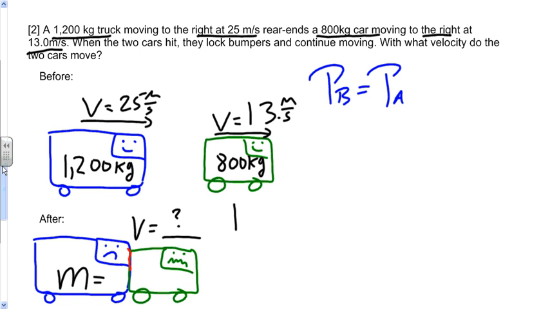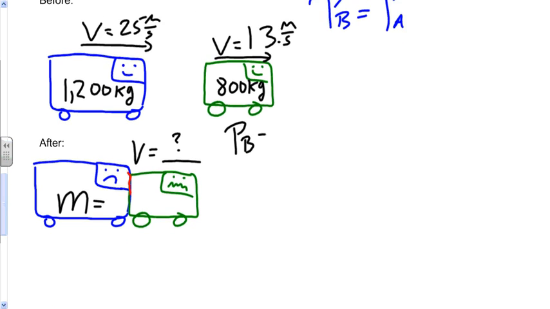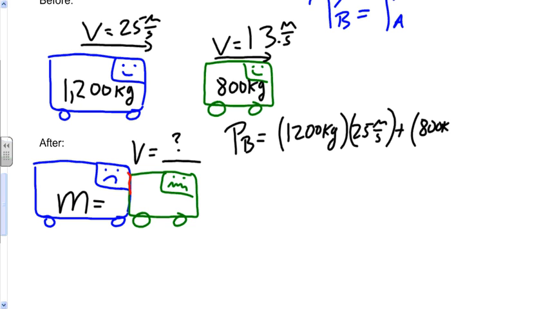So let's go ahead and do our momentum before. So I'm going to do it right down here. Momentum before equals the momentum of the truck plus the momentum of the car. So for the momentum of the truck, it's 1,200 kilograms times 25 meters per second plus the momentum of the car, so 800 kilograms times 13 meters per second. I'll let you guys go ahead and calculate that.